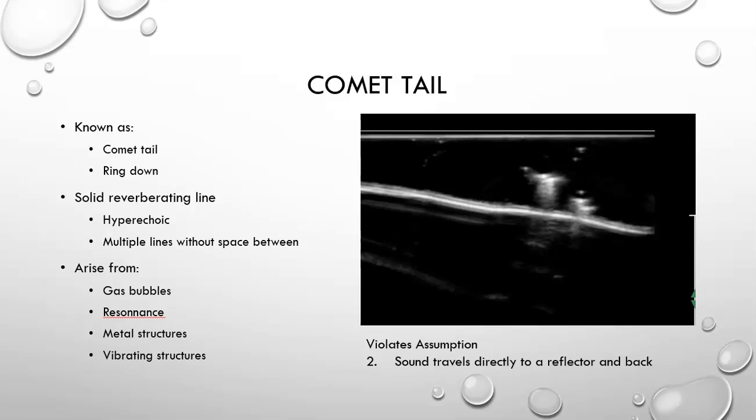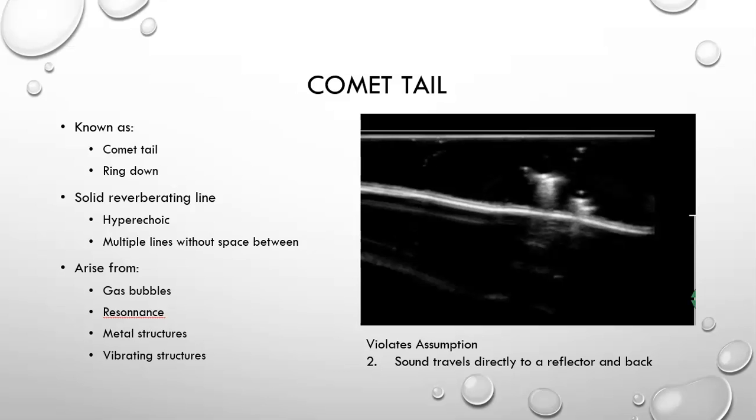Anything that can resonate that's trapped in the path, such as metal structures like a BB. When children get shot with BBs, you'll see the comet tail artifact. And any kind of structure that vibrates will cause a comet tail artifact.